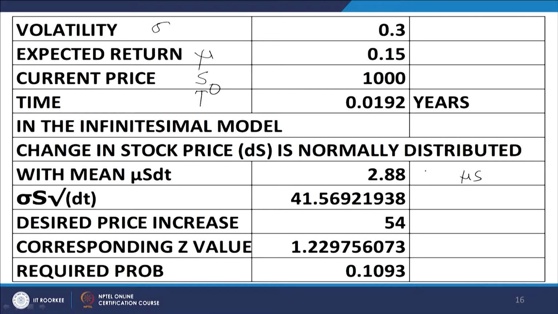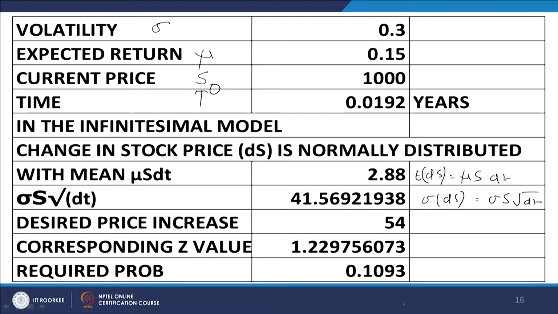The mean of dS, E of dS is equal to mu S dt, and of course, sigma of dS is equal to sigma S under root dt.